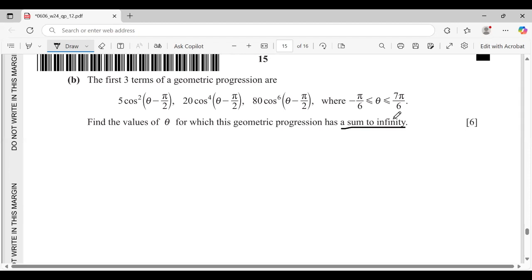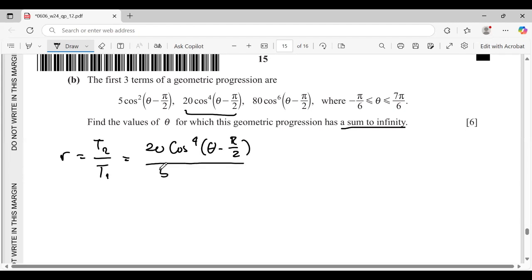We need to find the common ratio first. The common ratio, or r, equals T2 over T1. T2 is this one, 20 cosine power 4 of theta minus pi half, over 5 cosine squared of theta minus pi half. So 20 divided by 5 is 4 cosine squared of theta minus pi half.